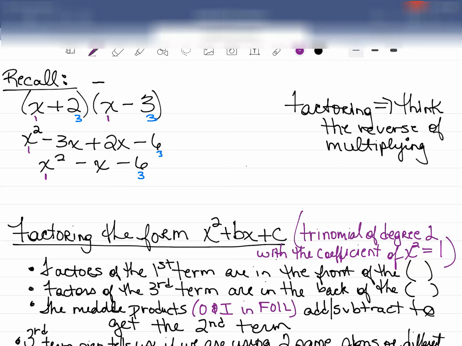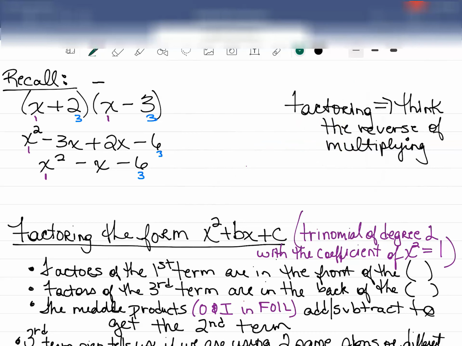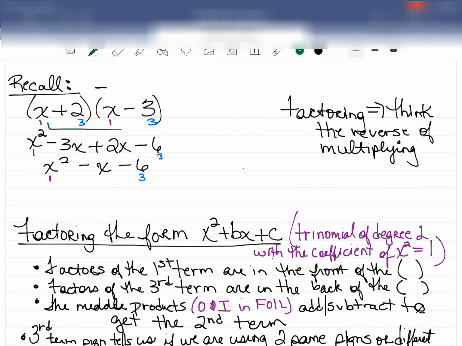How we obtained the negative x, that came when we took the x times the negative 3 and the 2x, the positive 2 times the x, that's where we got that plus 2x.